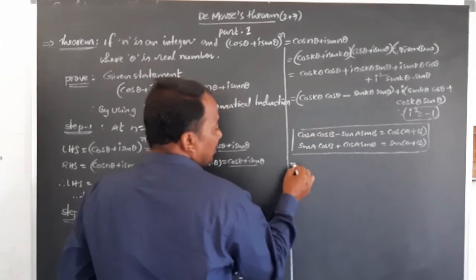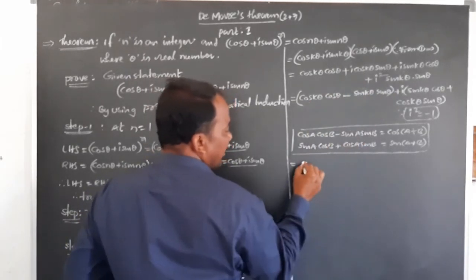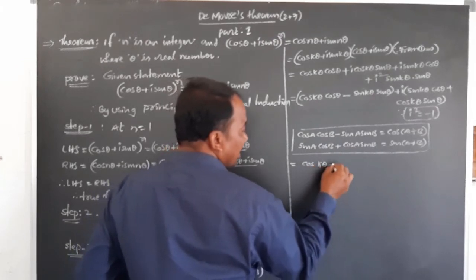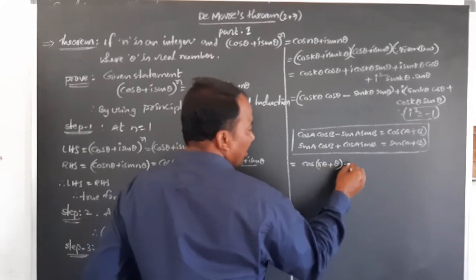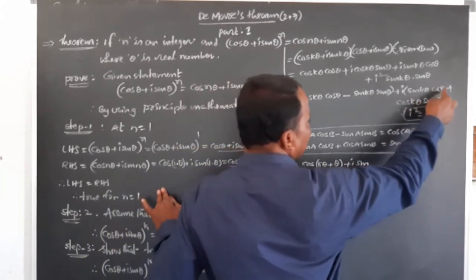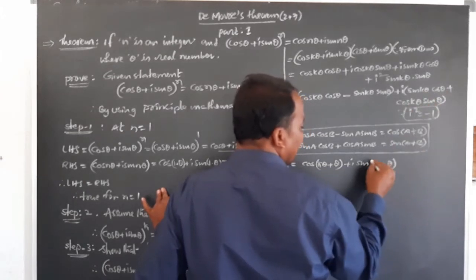Okay, so substitute this one: cos A cos B minus sin A sin B is cos of (A plus B), where A means k theta and B means theta, plus i times sin A cos B plus cos A sin B, which is sin of (k theta plus theta).